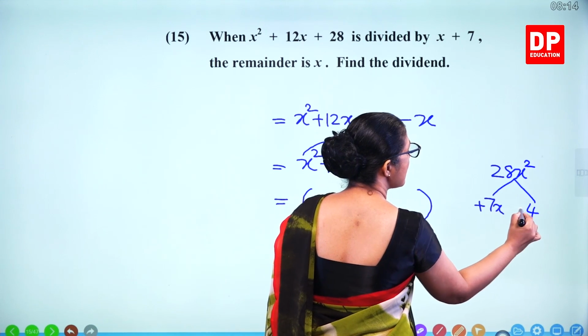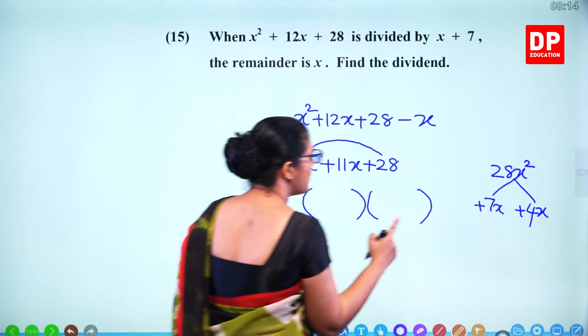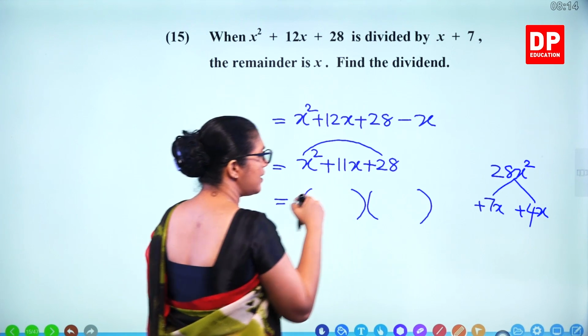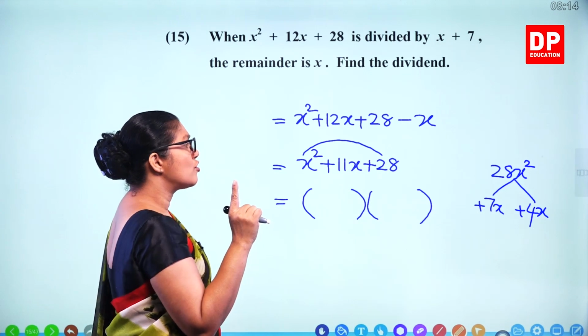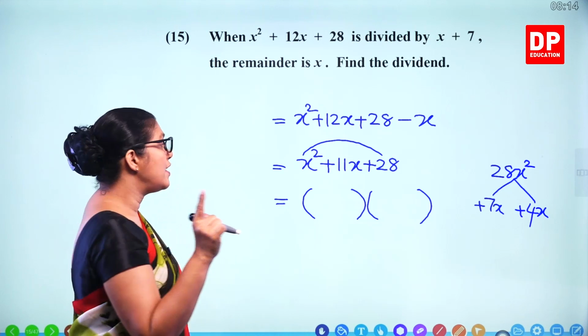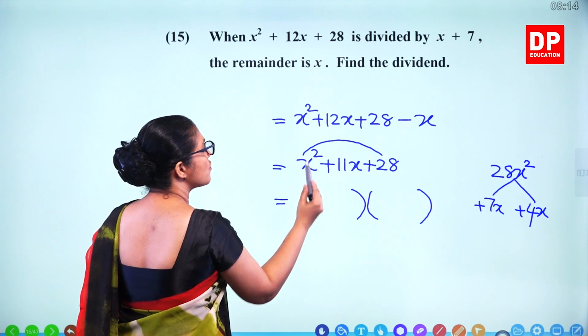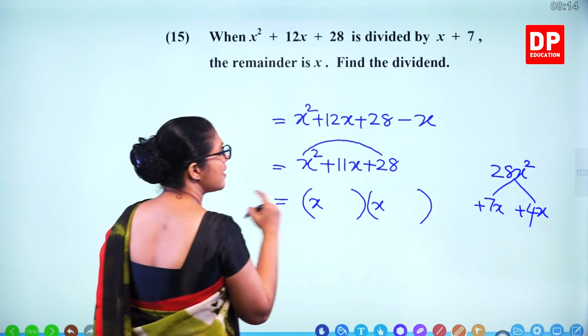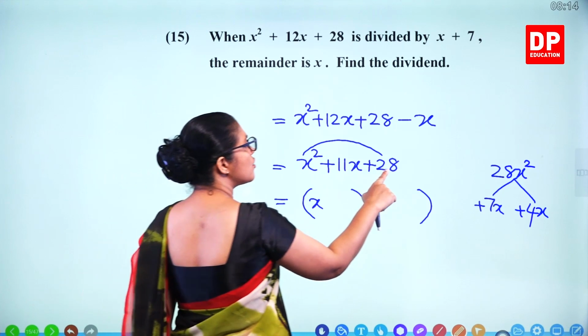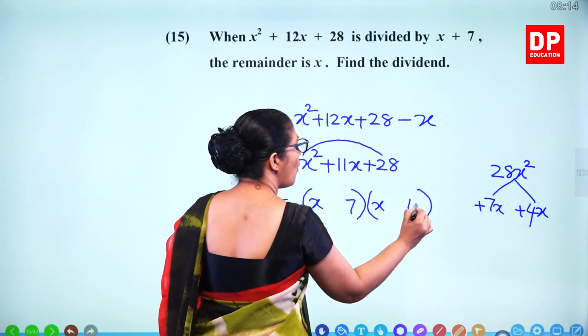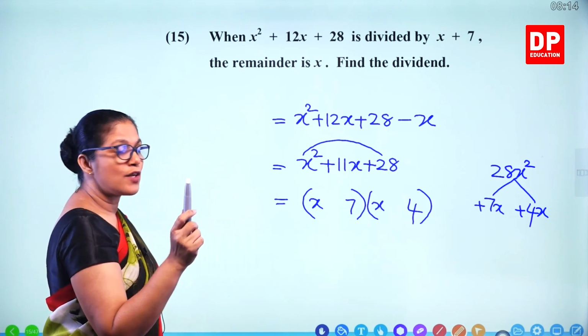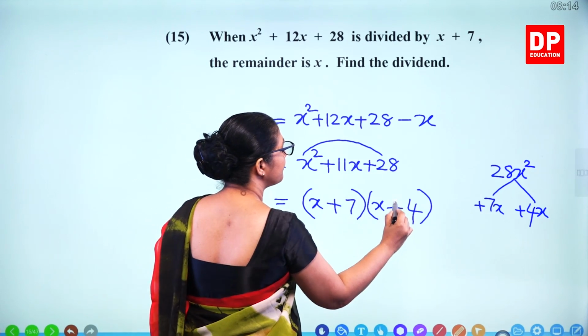Plus 7x and plus 4x. Then you split the middle term and you can get the factors. But what's the short method I taught you in my videos? Factors of x squared is x, x and x, you get x squared. How do you get 28? 7 and 4. And positive is there, so both positive.